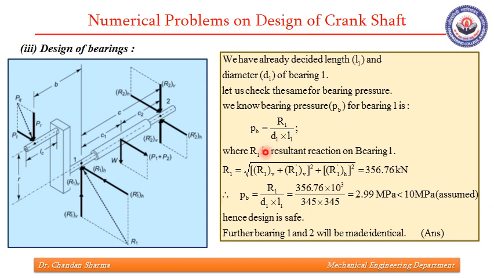We found the resultant reaction at bearing 1, which is the square root of R1V whole square plus R1H whole square, and comes out to be 356.76 kilonewton. Putting the values of R1, D1 and L1 we have already found, PV comes out to be 2.99 megapascal. If we assume the safe value as 10 megapascal, it is well within the limits. So our design is safe. Further, we'll make bearings 1 and 2 identical.